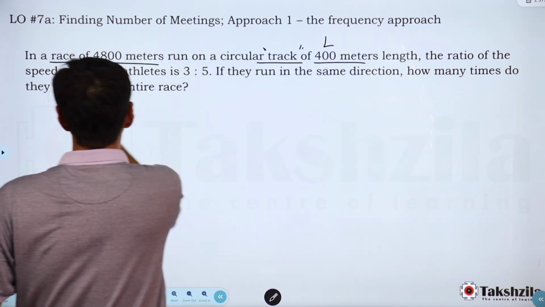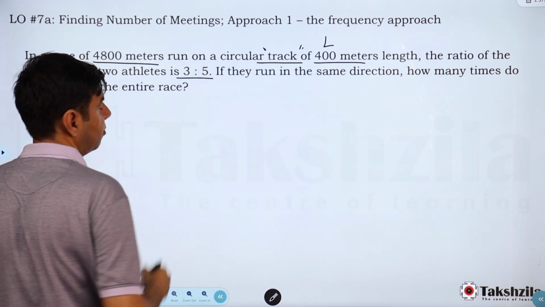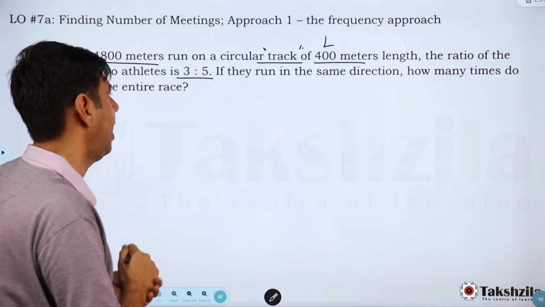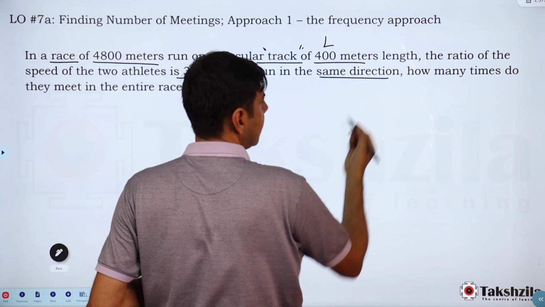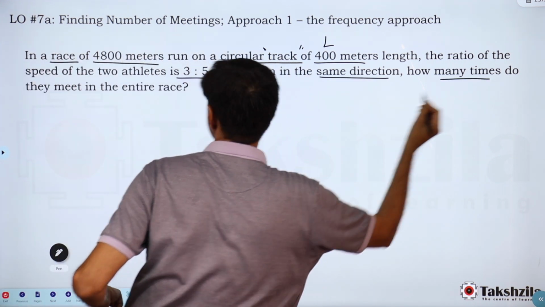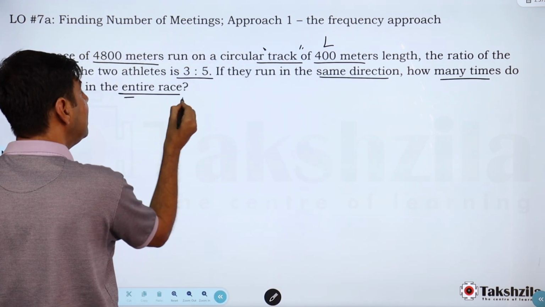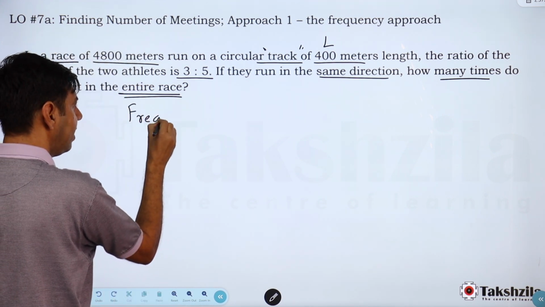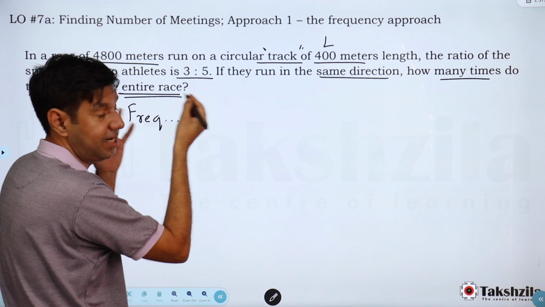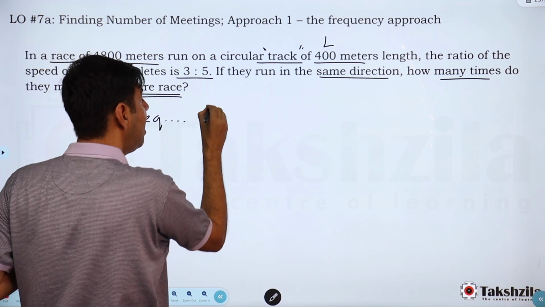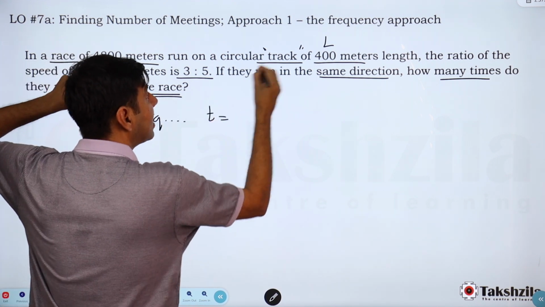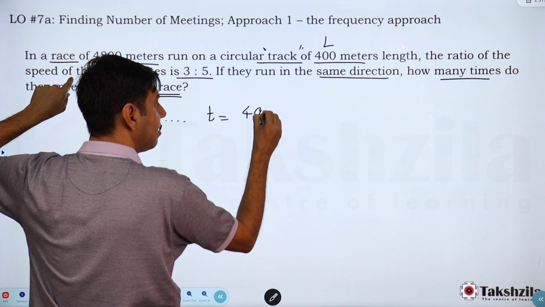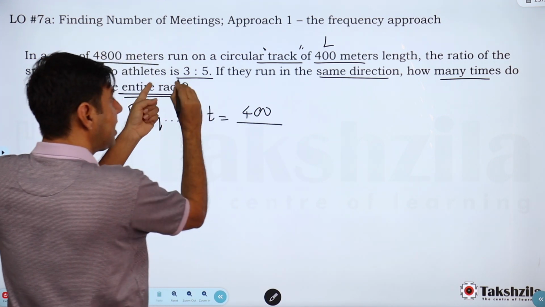The ratio of the speeds is 3:5. So directly the ratio is given. I don't know exact numbers. If they run in the same direction, how many times do they meet in the race? So my first thought is going to be frequency of meeting. That is how we started the first learning agenda. Time taken to meet: track length, mind you, over relative speed.